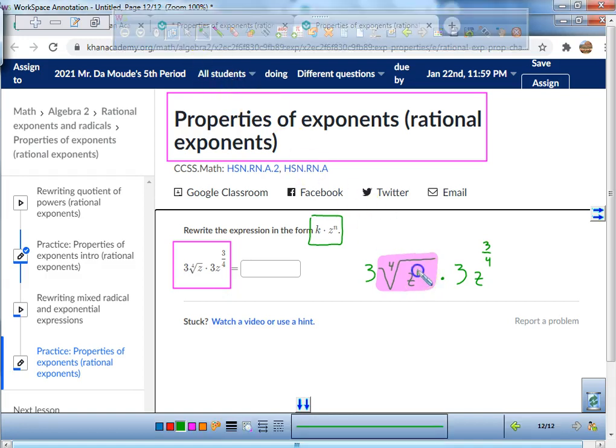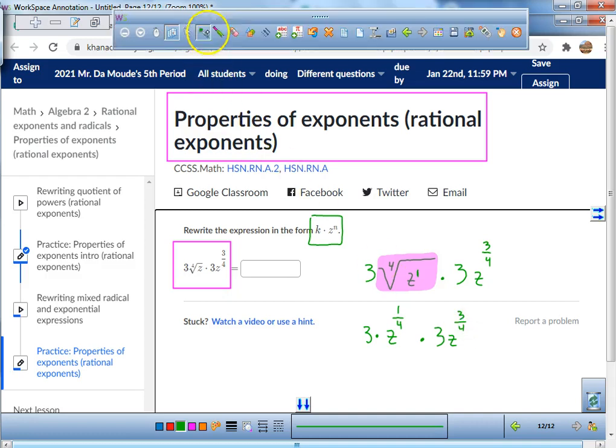So this is z to the power of 1/4. I could write 3 times z to the power of 1/4 times 3z to the power of 3/4. Now I don't have to put a dot right there. I can just put a 3 right in front of it. There we go.